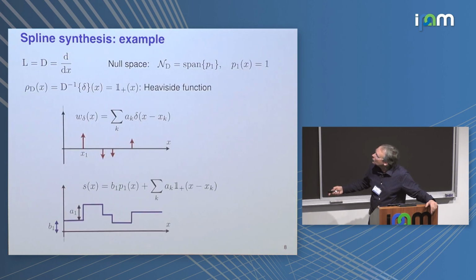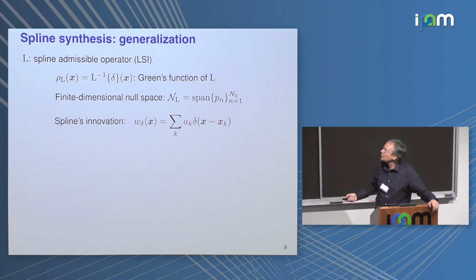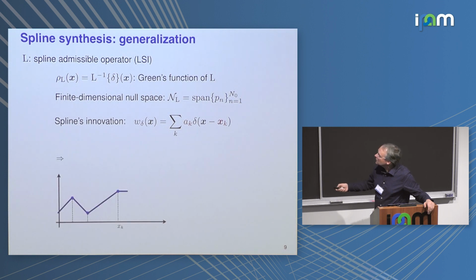Let's be a little more general. Let's go to a more general operator than the derivative. This works for any operator that has a Green's function. The Green's function is the impulse response of the inverse operator. We have the null space here, which we need to be finite dimensional. And again, here is the linear combination of Diracs to resynthesize this.